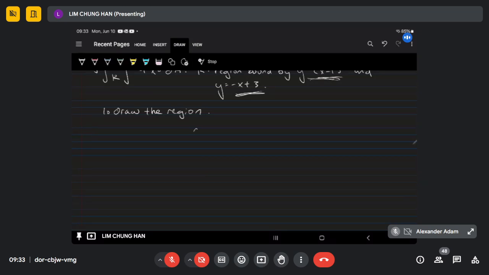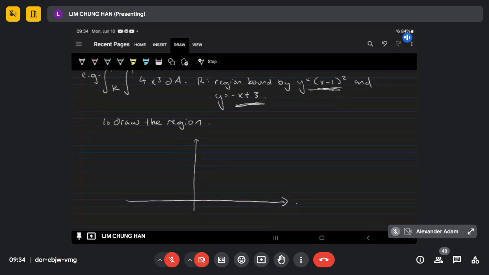Okay, basically, y equals x minus 1, where y equals x minus 1 is actually y equals x squared, something like that. So you again use your table. You should get something like this. It's a parabola.